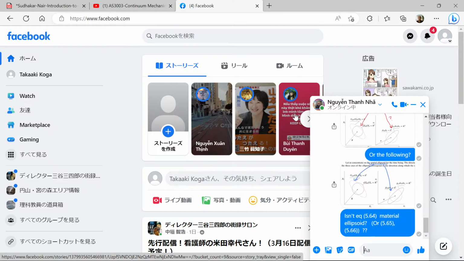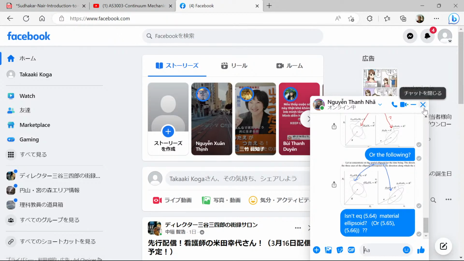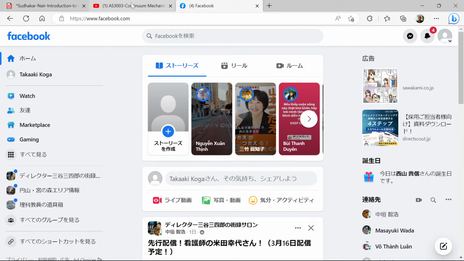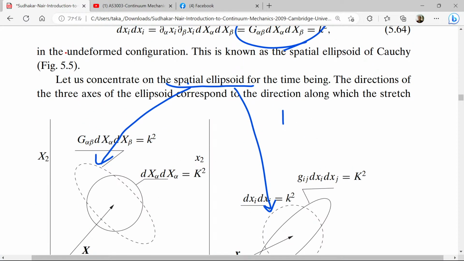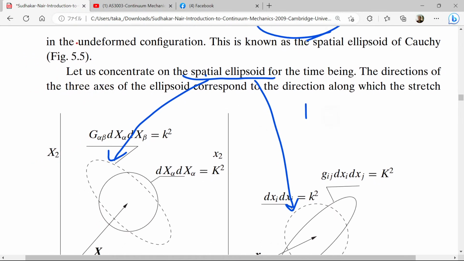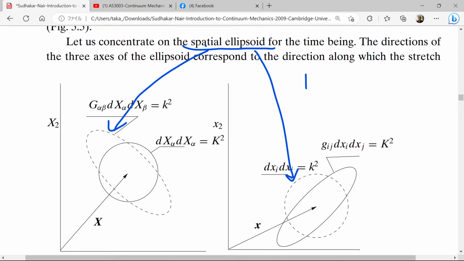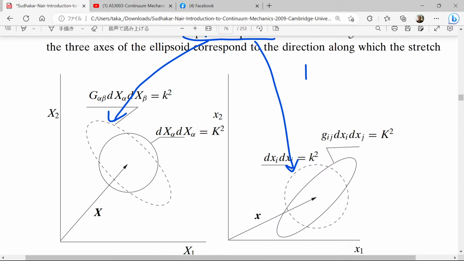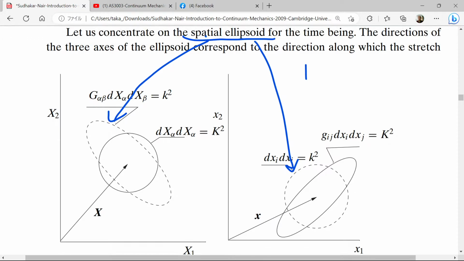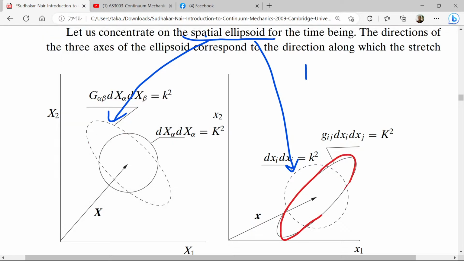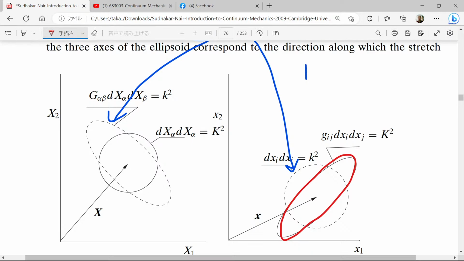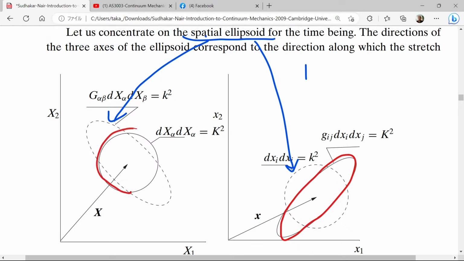Okay, let me make this part clear first. I think the textbook is very confusing because the textbook says let us concentrate on the spatial ellipsoid. Right? Spatial ellipsoid sounds like an ellipsoid in spatial coordinates, which is this. That means a sphere in material coordinates. So we should be dealing with this.